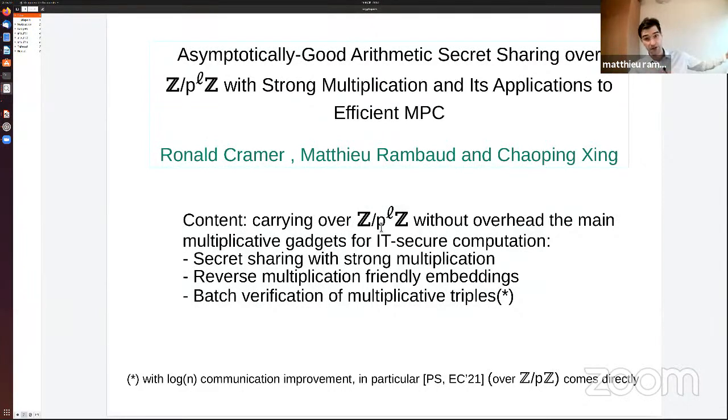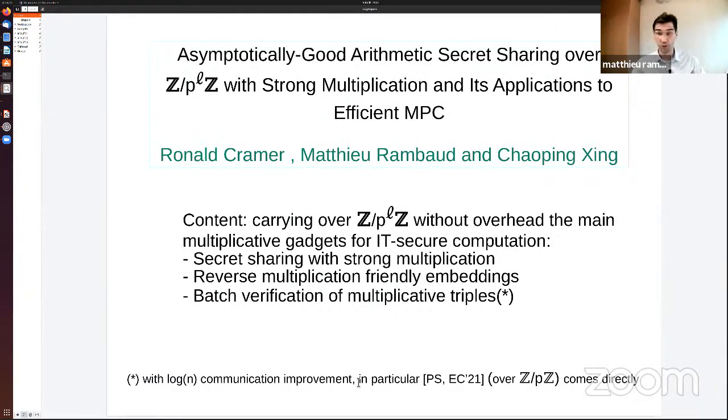So you have a batch of shared triples, and you want to check if they are indeed multiplicative. For this last one, we, of independent interest, improve its complexity even over finite fields. So we recover as a particular case a previous result on the complexity of MPC over fields.